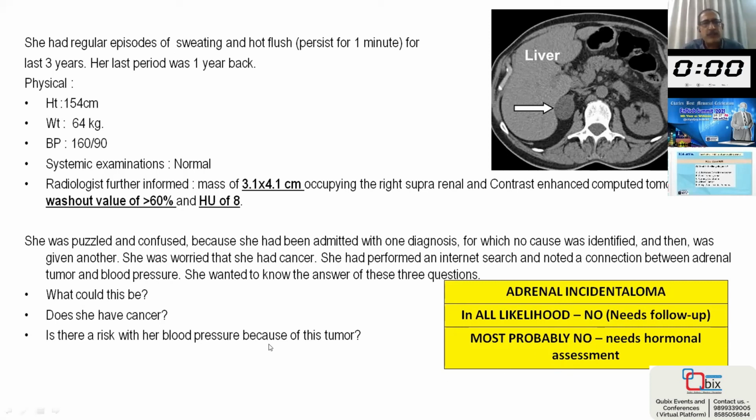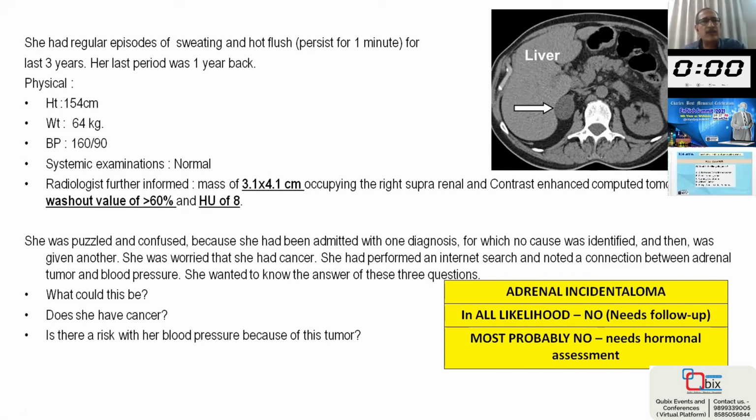Is there a risk with blood pressure because of this tumor? Most probably no. This is highly unlikely to be a phaeochromocytoma because the picture doesn't look like that, but I cannot say it because I don't have post-contrast. If it takes up a huge amount of contrast, then I might be suspicious it could be a phaeochromocytoma. Those of you who have answered that, you're not wrong, because we need to exclude a phaeochromocytoma in every adrenal incidentaloma.